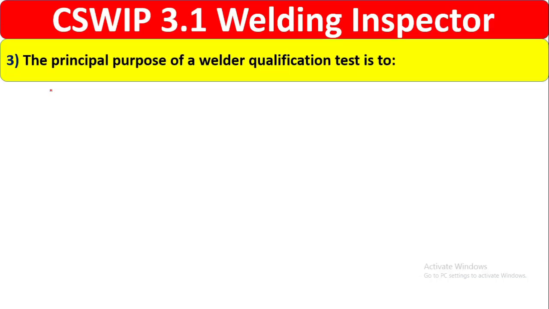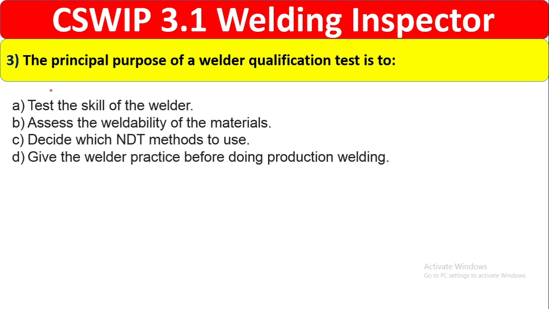Question number 3. The principal purpose of a welder qualification test is to. What is the purpose of welder qualification? First is to test the skill of the welder. You need to check the skill of the welder. Definitely this is the most important thing we use welder qualification for.